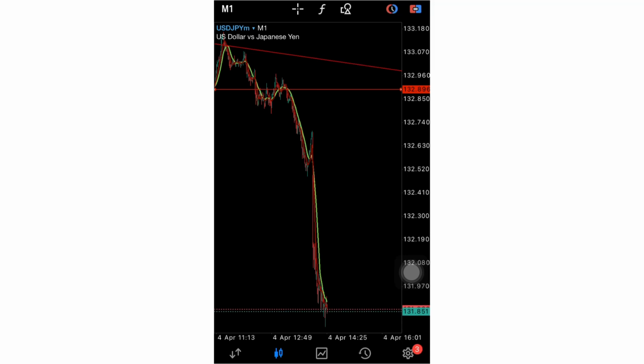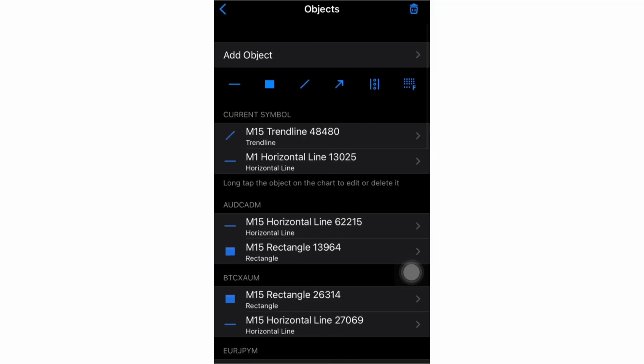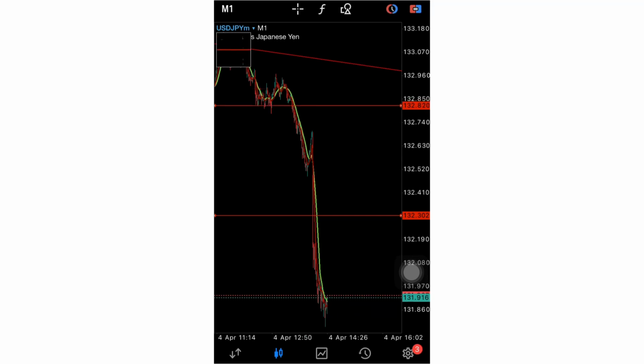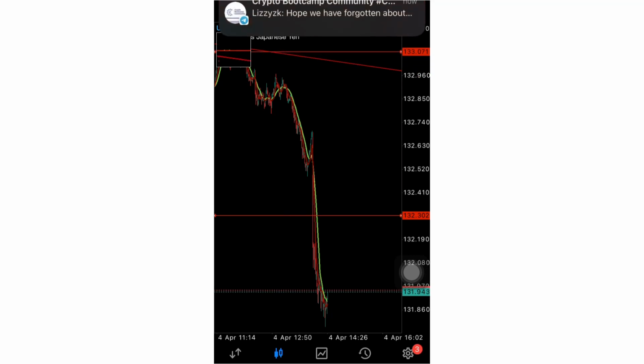Okay, guys, so let me bring another arrow. Let me give you an example. Let's say this is where I want to close. Let's use this for instance. Like this, right? And like this.